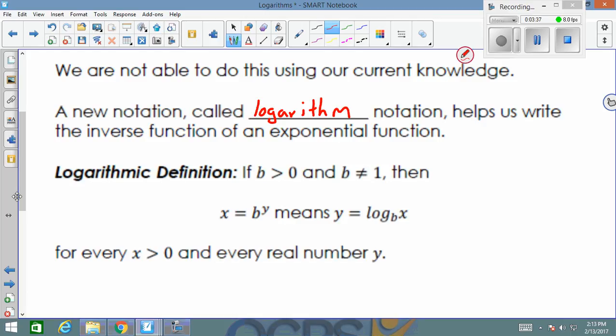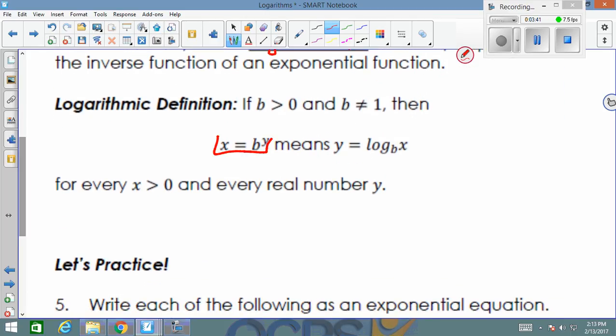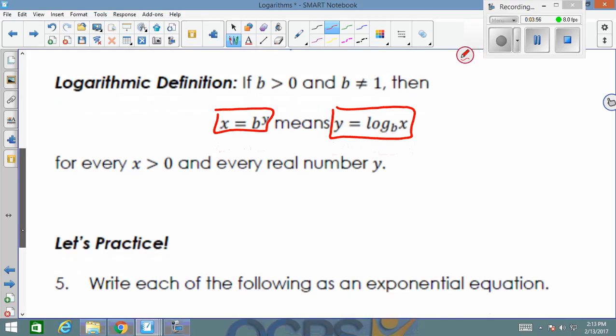So x equals b to the y is the same as y equals log base b of x. When we write the base in logarithmic form, it's a subscript to the log. x has to be greater than 0, and y is a real number.